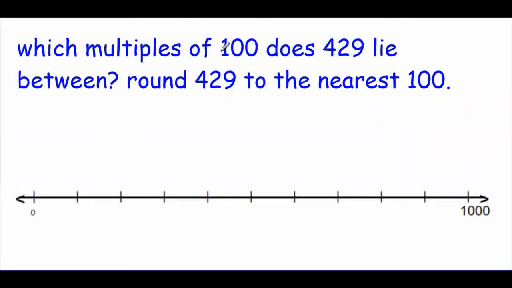Which multiples of 100 does 429 lie between? 429 is between 400 and 500. Where is it exactly on the number line? Here is 400, and here 500, somewhere here, but it is closer to which one of them?